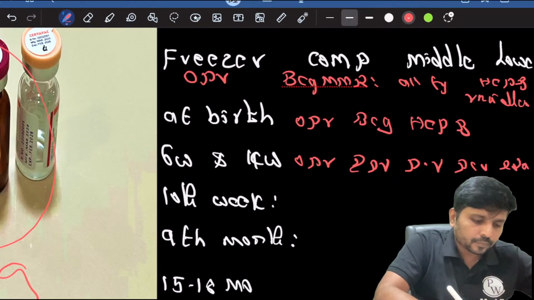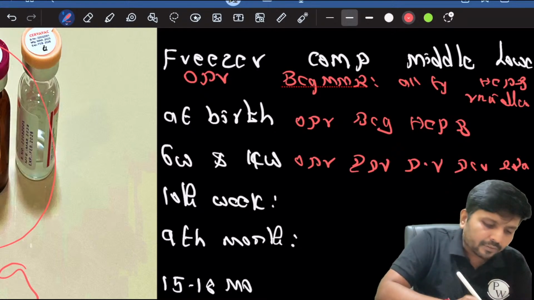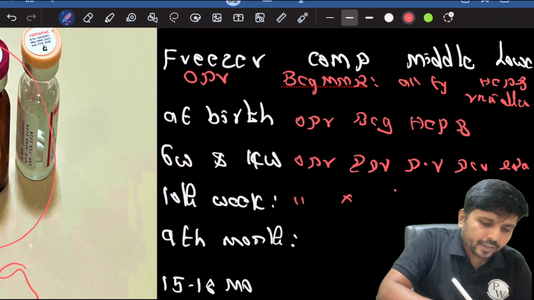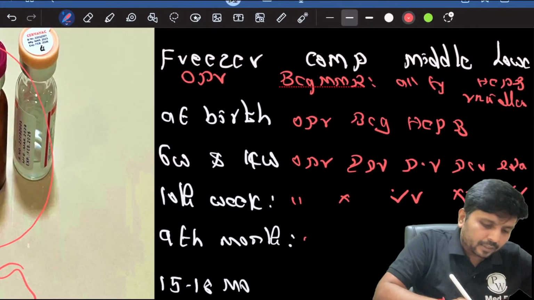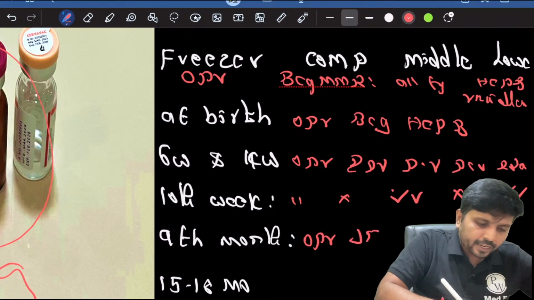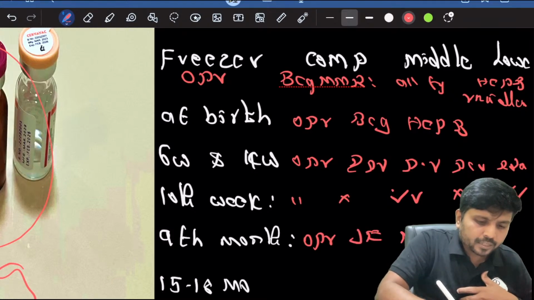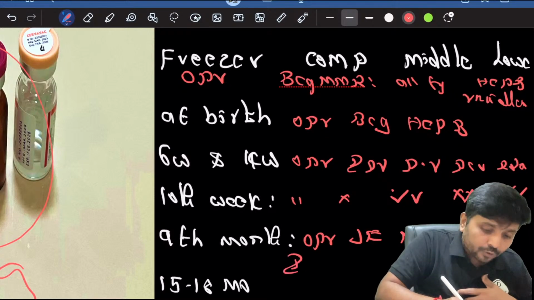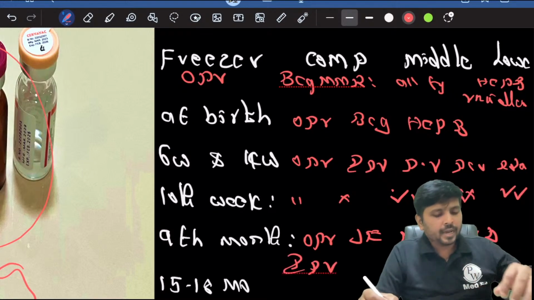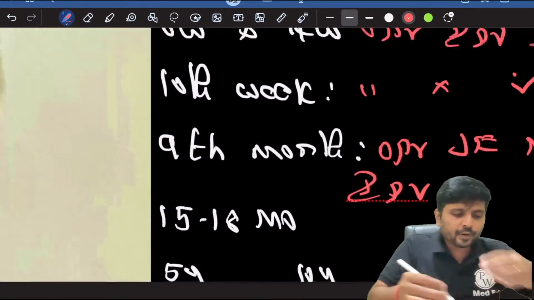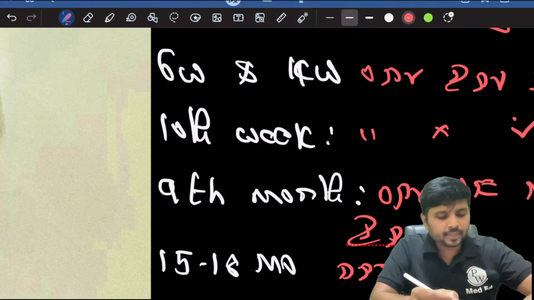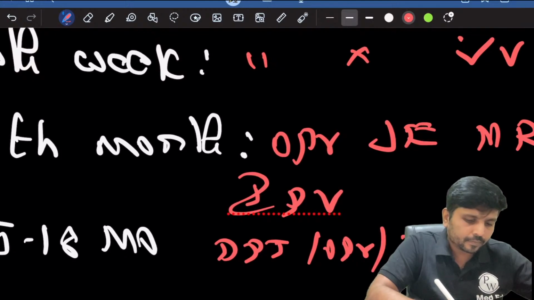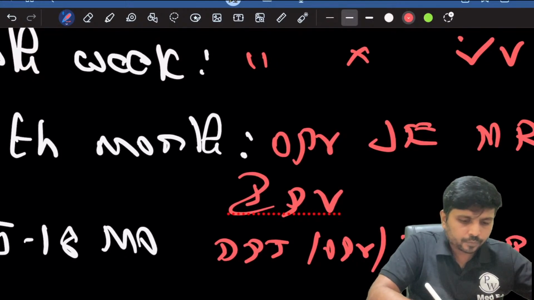At 10 weeks, OPV, no IPV, pentavalent yes, no PCV, rotavirus yes. 9th month is OPV, JE, MR booster, PCV booster, and right now they have included intradermal IPV. 15 to 19 months, DPT booster, OPV, and then JE, as well as MR2.